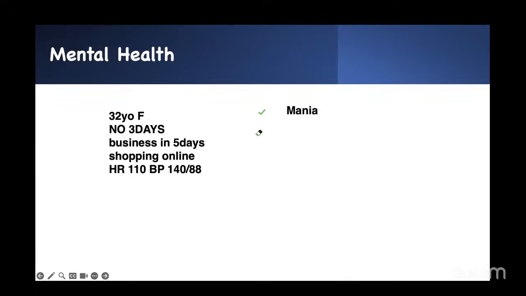Decreased sleep, since the patient is not sleeping. And a spending spree, the patient is just spending money. What else? Grandiosity. She said she's going to start a business in 5 days. That's what we call grandiosity.